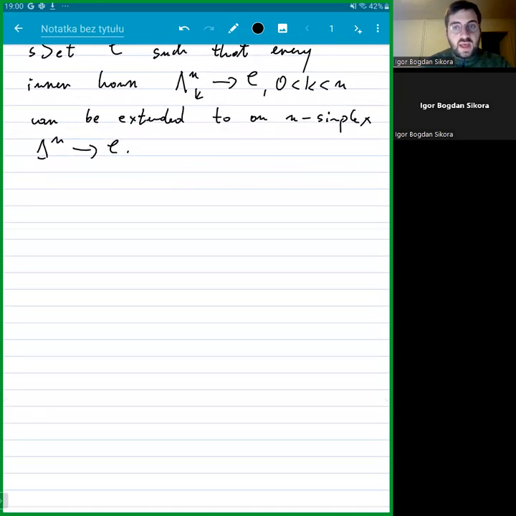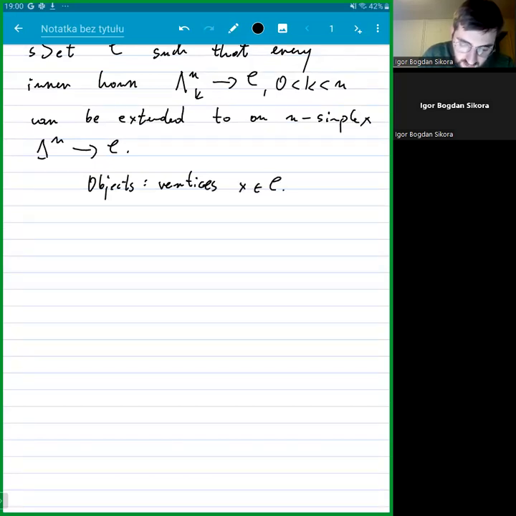So if we have a quasi-category, how do we think about it in categorical terms? We have objects, which will be just vertices of our simplicial set. And morphisms.